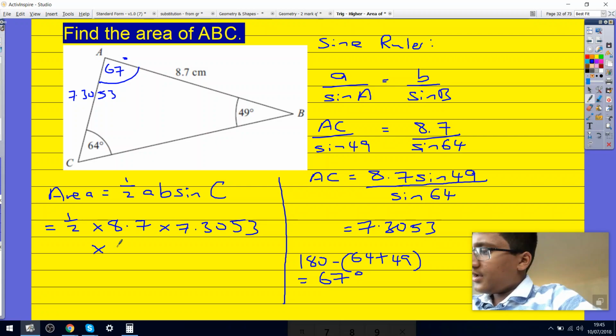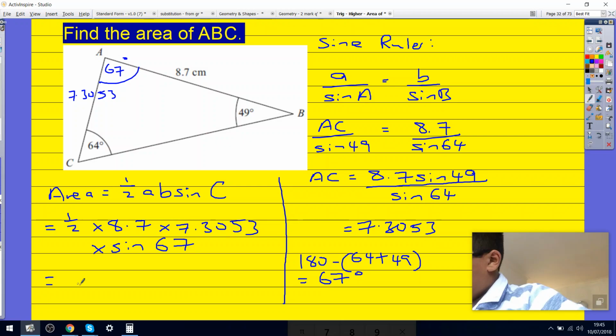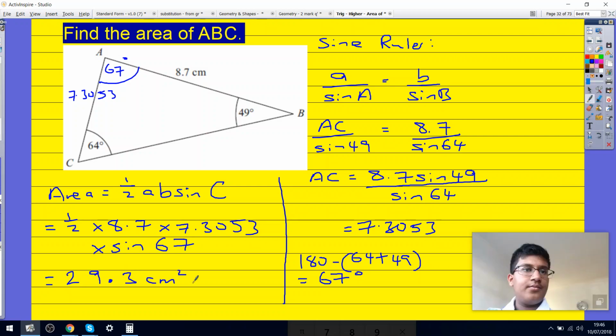We'll do it to 3 SF. So 29.3 cm squared. That's it. 8.7 is to 1 decimal place, as they gave us the question to 1 dp. Yes, you did that all by yourself. 5 marks. So that was your practice. You didn't need my help. Any questions there? No, that's good. You got it for sure.